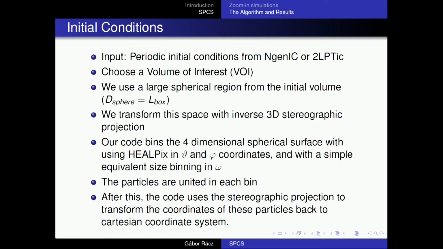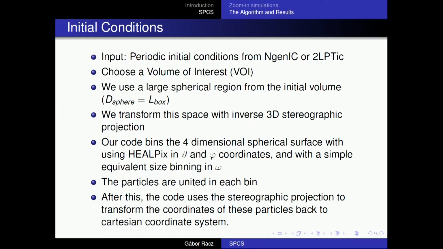So how do we do this? We get quite large periodic initial conditions from Angulizer or Ulapiti. These are codes for generating periodic initial conditions.